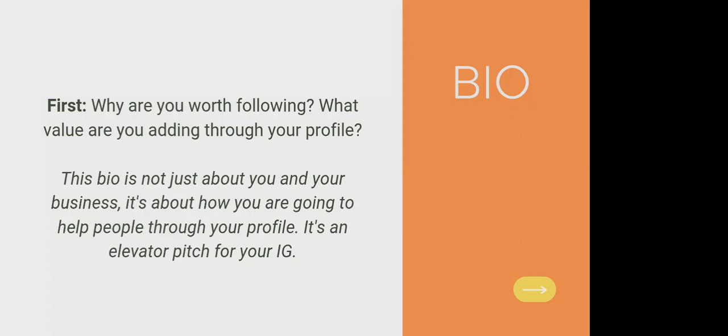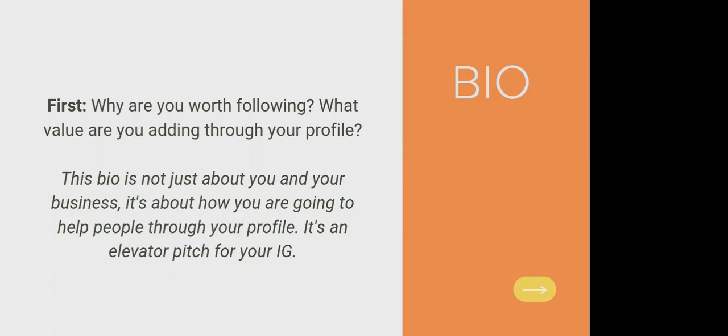Because what's going to happen is people are going to follow you, and your content is going to show up in their feed. People are looking for content that adds value to their life. If it's boring or unimportant to them, or even stressful, they're probably going to unfollow you, and then you're going to lose the opportunity to be in touch with more people.